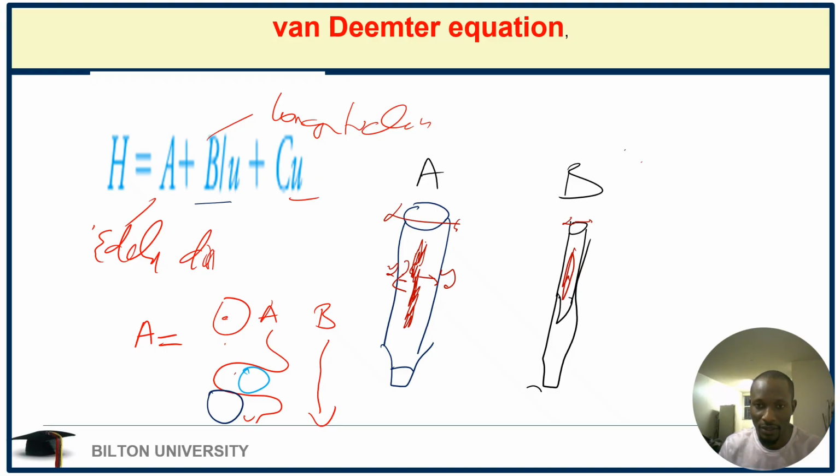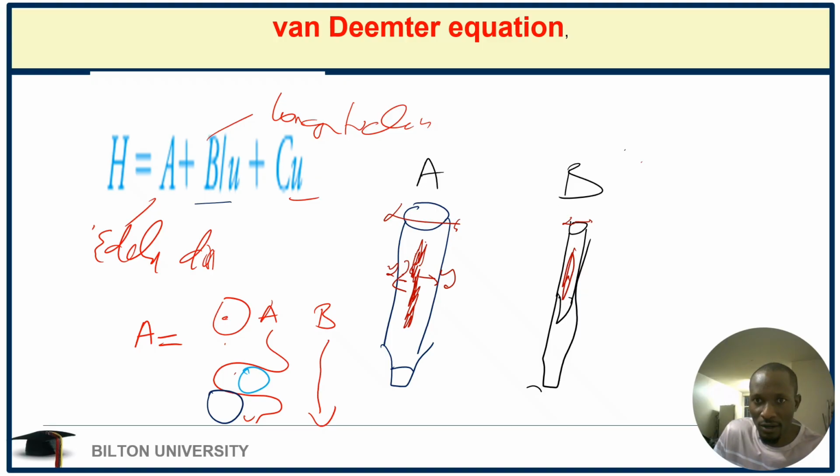How? As the solute spreads out from the center of the column to the edge of the column, it is going to increase band broadening, and once you have the band broadening or zone broadening, then you are going to have low column efficiency.